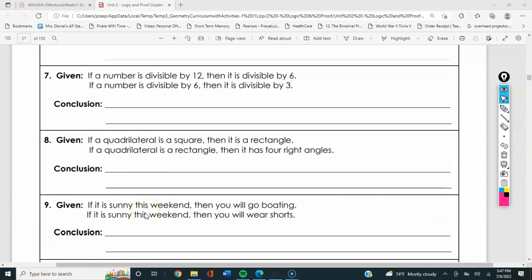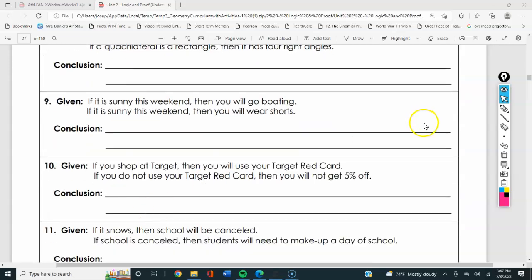Let's do one more. We'll look at number 9. If it's sunny this weekend, then you will go boating. The next one is, if it is sunny this weekend, then you will wear shorts.